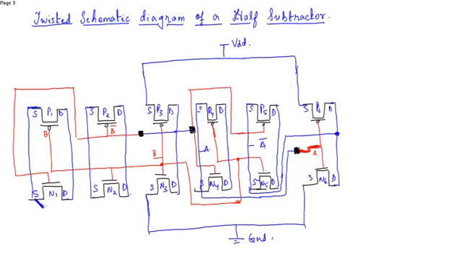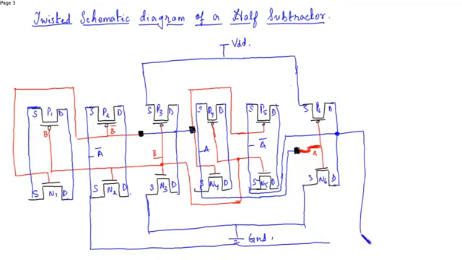Now here ground is there and here it's A bar, so this A bar will be connected from outside. Okay, this is A bar.